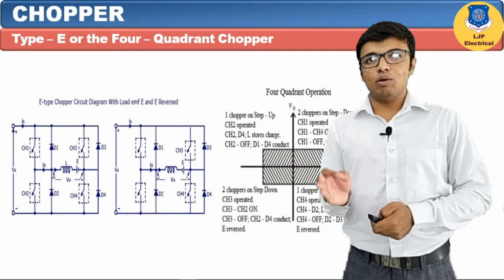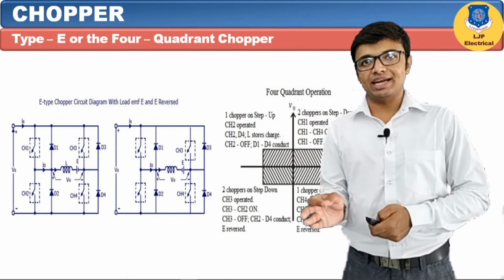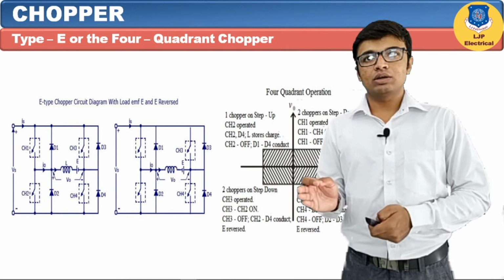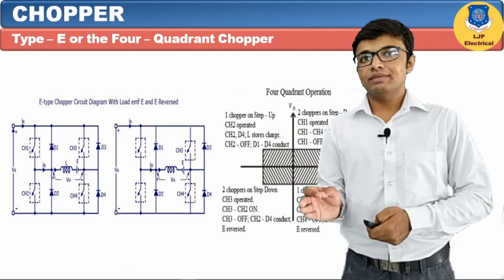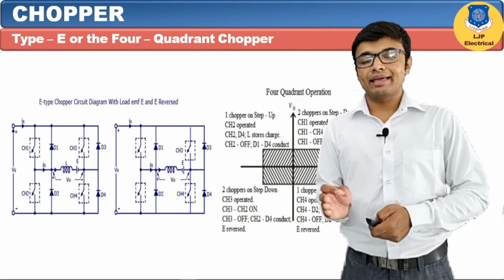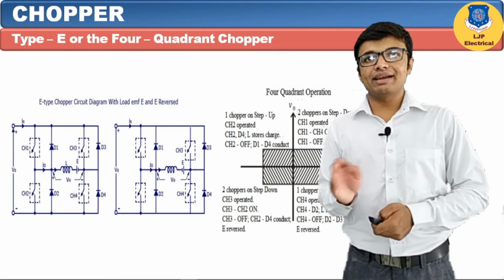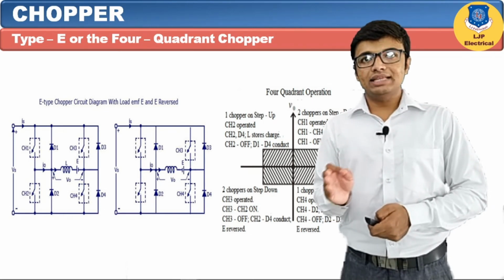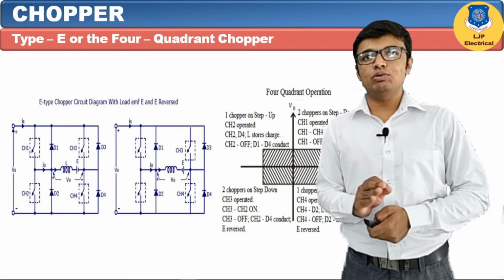Now suppose we turn on switch 2 and switch 3, such that current will flow from the supply to switch 2, load, switch 3 and come back to the supply. Hence the direction of current is negative. At the same time voltage will reverse. Hence we will get operation in the third quadrant. In this quadrant the chopper also operates as a step down chopper.